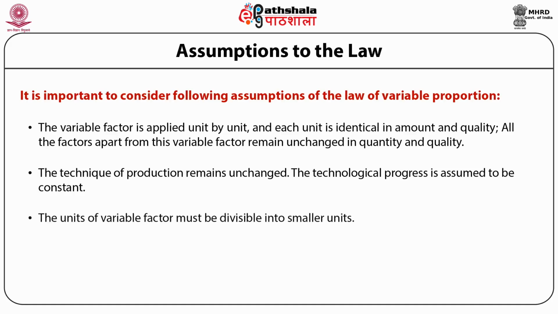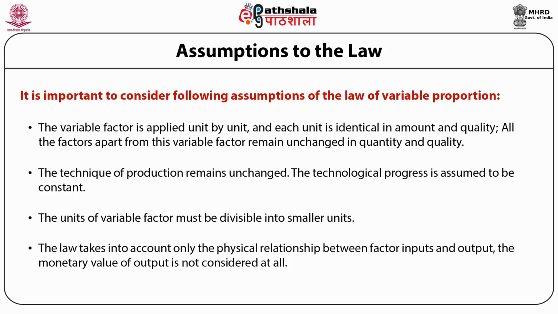The units of the variable factor must be divisible into smaller units. The law takes into account only the physical relationship between factor inputs and outputs. The monetary value of output is not considered at all.